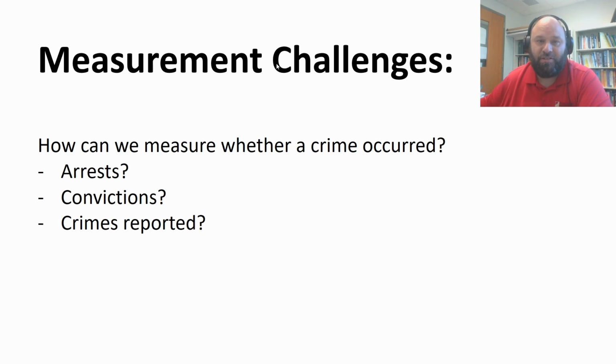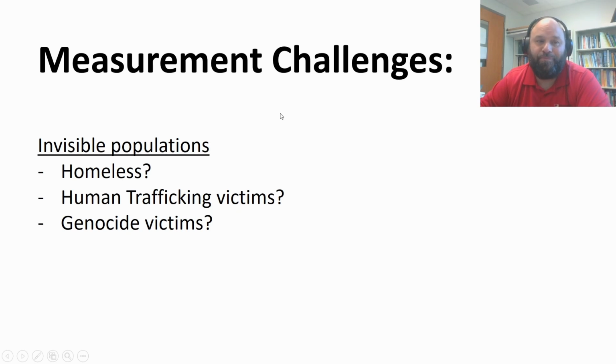Another example where things are difficult is invisible populations. For example, how many homeless are there in the county? I was talking with some folks about trying to do a needs assessment in the four-county area served by the homeless shelter where I'm treasurer. One of the questions is, how many homeless do we have in these four counties?